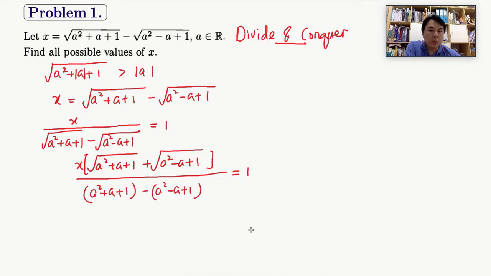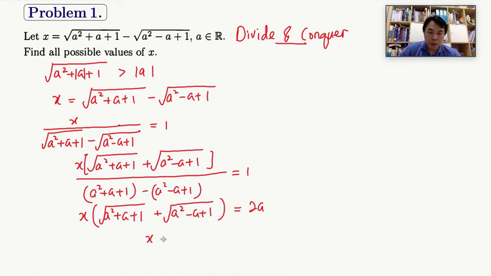Right, that will still be equal to 1 here. And then finally, we can see that we have this is equal to 2a.